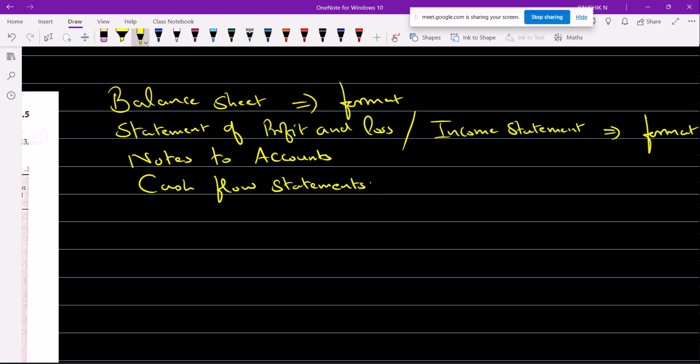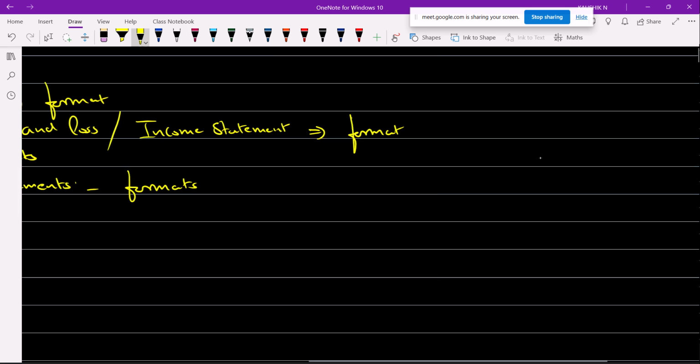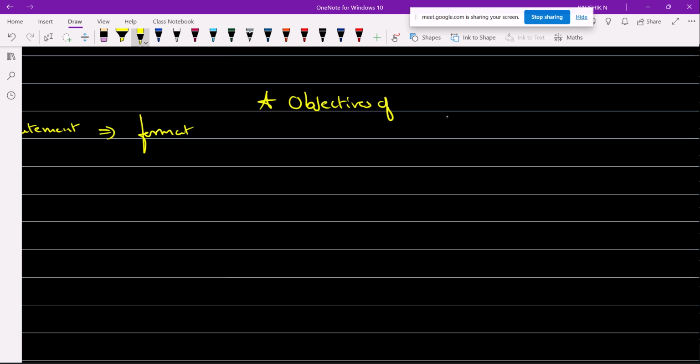And of course, even for the cash flow statement, this is a format which is very important. And apart from this, we'll be learning the concepts of objectives of financial statement analysis.